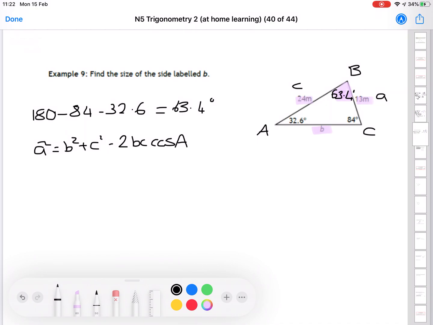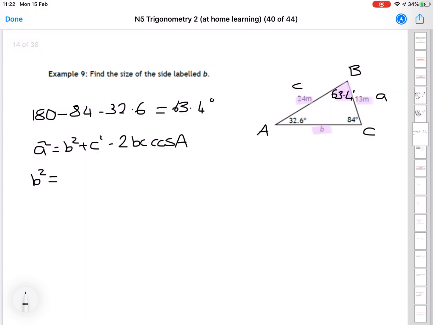If I rewrite this to fit my question, I'm going to have b squared equals a squared plus c squared minus 2 times AC, and then it'll be cos B. The angle should always match the side that you're trying to find. So it should be a B at either end of this formula, and then the other two letters in between.